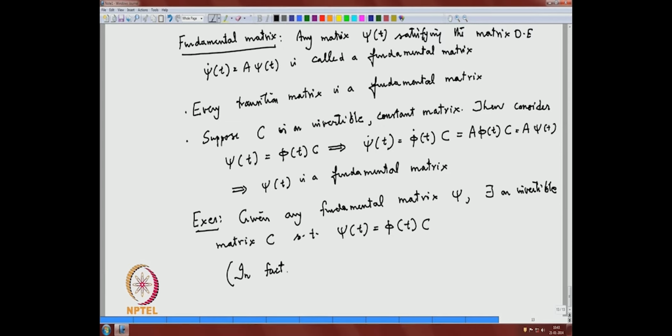Psi(t naught) is equal to phi(t naught) C, but phi(t naught) is nothing but phi(t naught, t naught), which is the identity. So this is nothing but C. So your C has to be psi(t naught). This is a trivial exercise. You need the uniqueness of the solution, that is all.